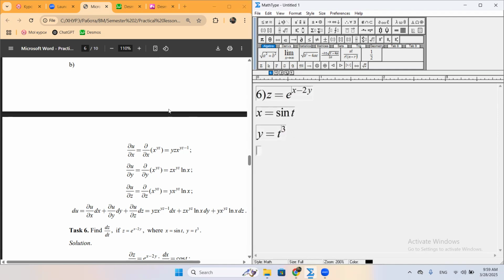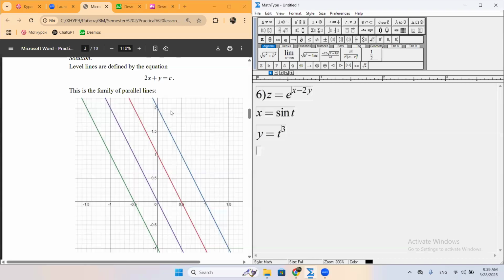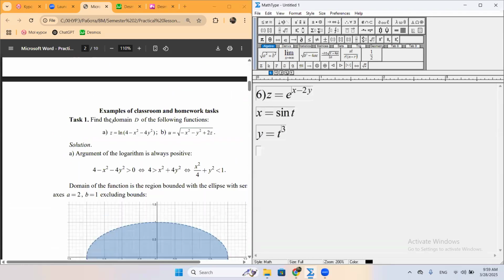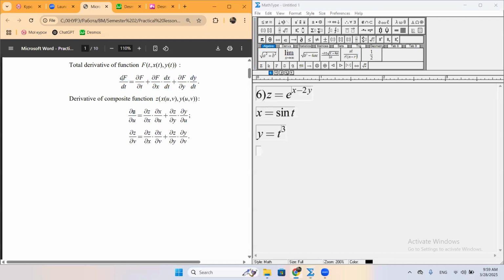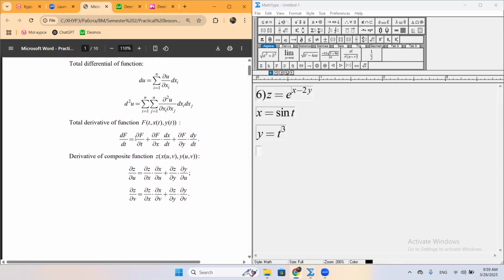So we need to find the total derivative. It just means that the total derivative is for a function that depends on other functions, similar to a composite function, but actually z in this case is a function that depends on t.